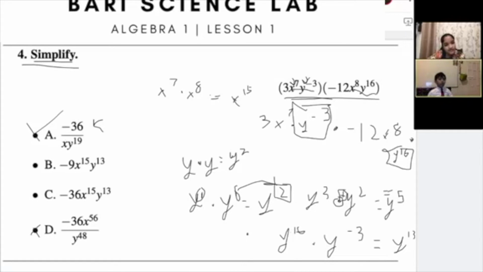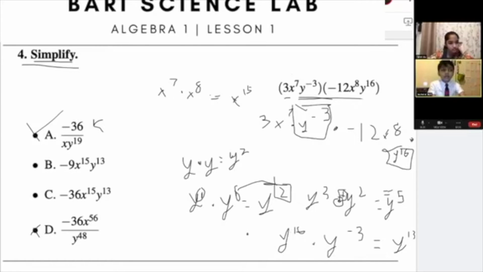We'll talk about them in a more complicated test. So, now we only have 3 times negative 12 to do. We only have to multiply 3 by negative 12.